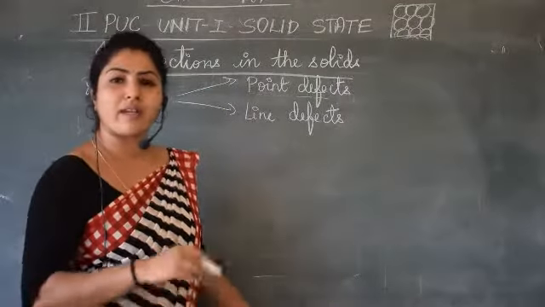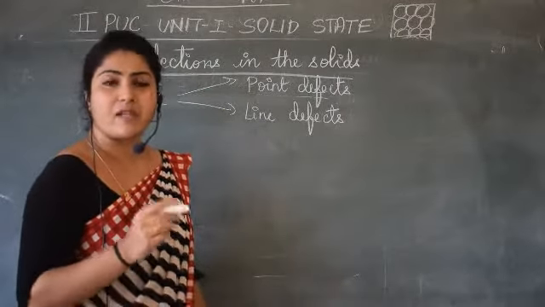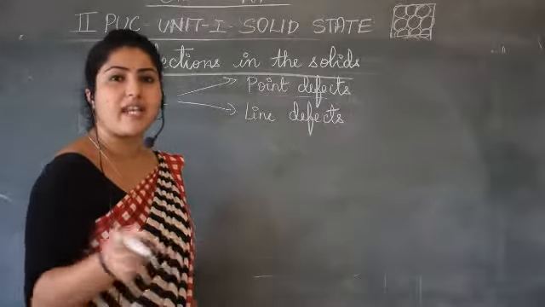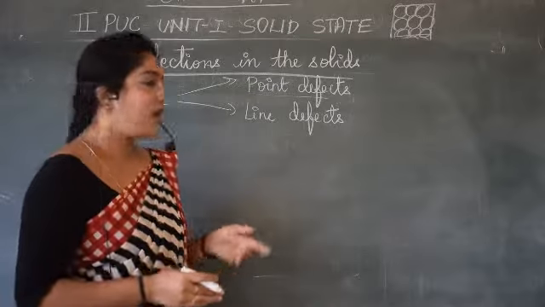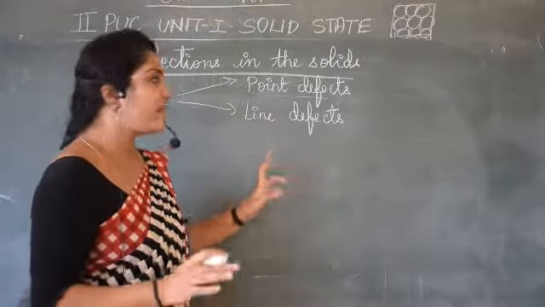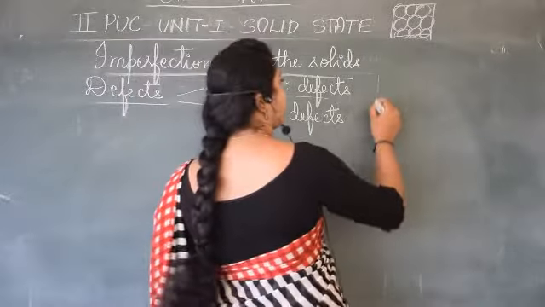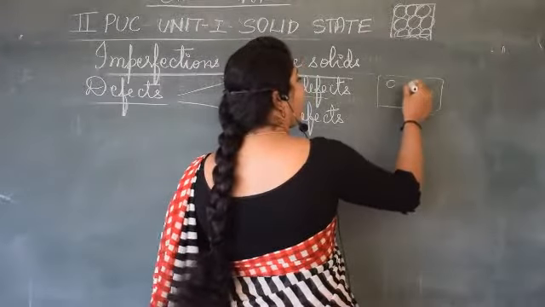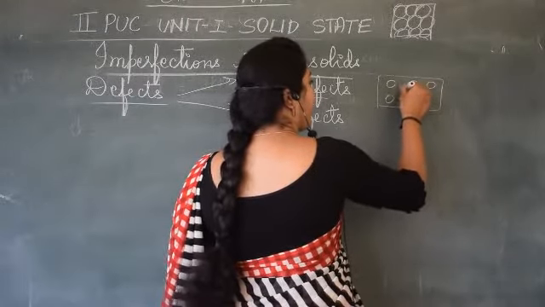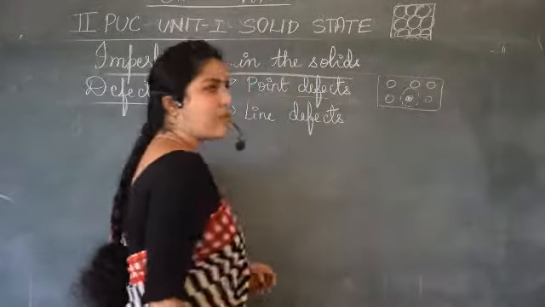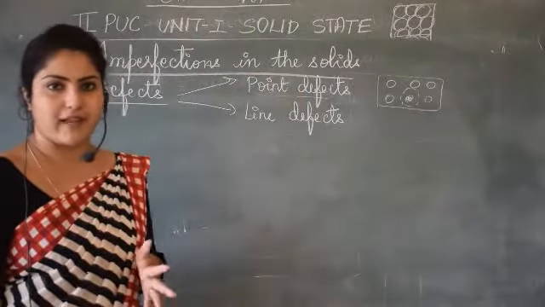The defect or irregularity around a point in the crystal. Say there is some arrangement of particles and at a particular point, around the point, if there is some defect, you call it a point defect.